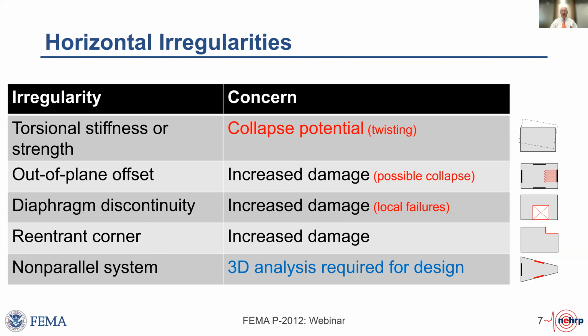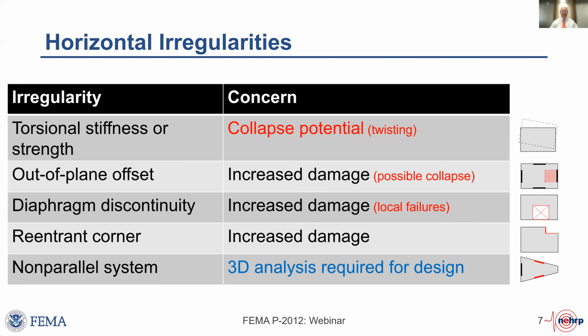So the project looked at the horizontal irregularities that are defined and ranked them in order of importance as they might relate to collapse. And on the right side, you'll see just some little plan view cartoons. You'll see similar cartoons later so that we can make sure that we understand what we're talking about. But in the case of horizontal irregularities, each of these is a plan.